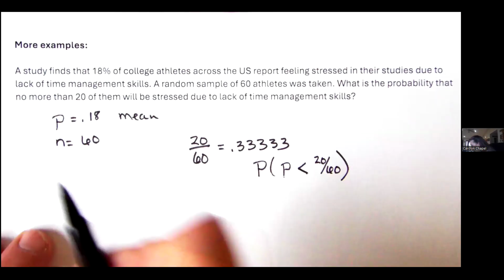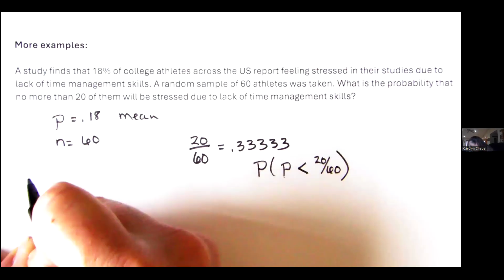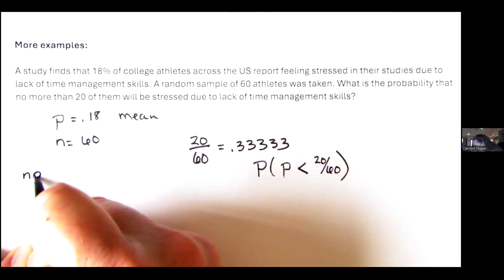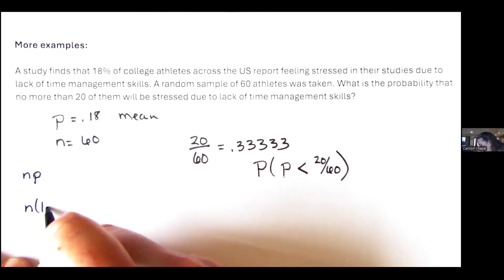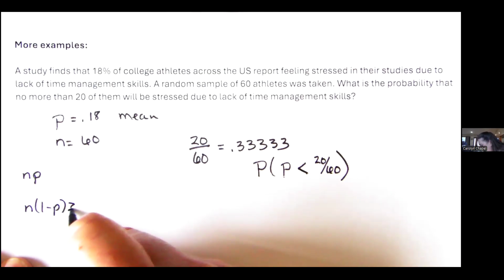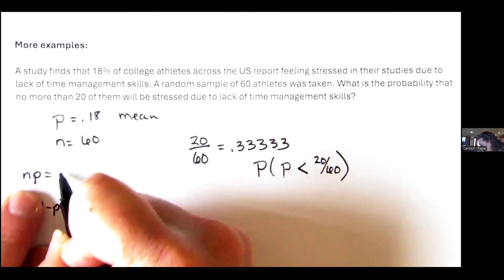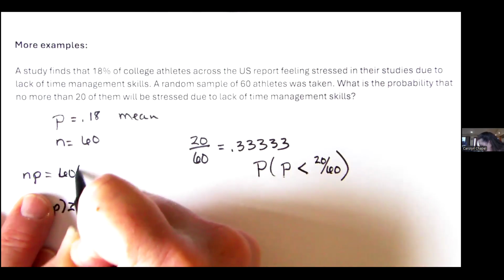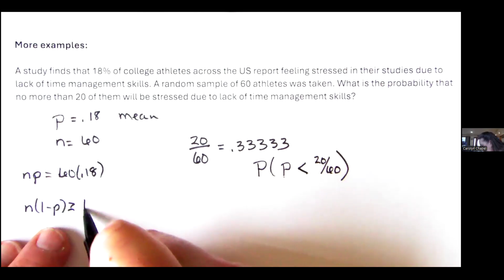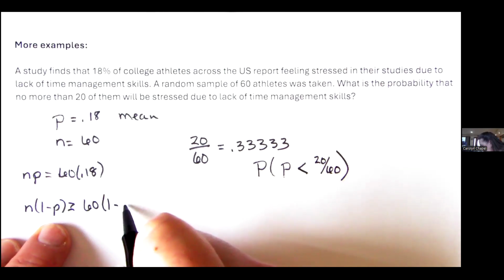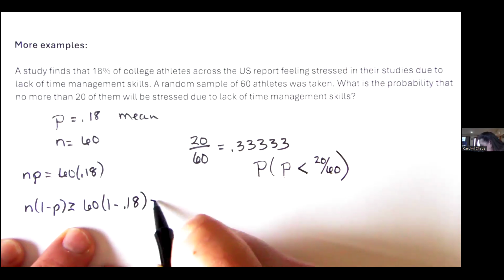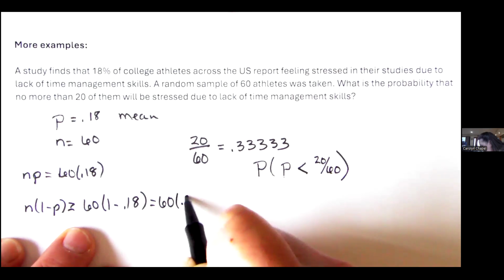Okay, I do need to make sure that we can use the normal. So I do want to make sure that n times p and n times 1 minus p is bigger than 10. So my n times p and my n times 1 minus p, which is 60 times 0.82.